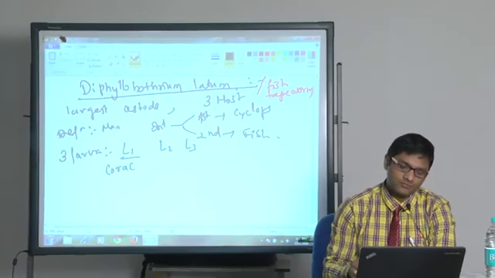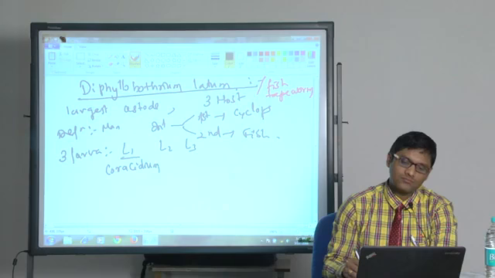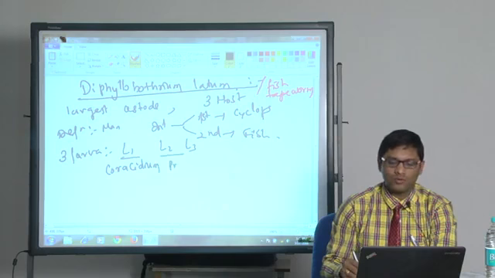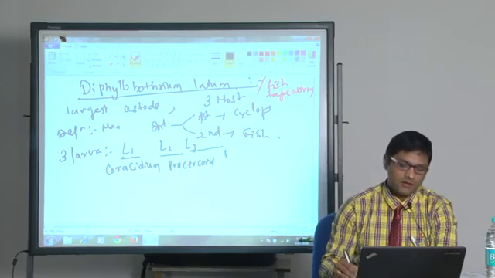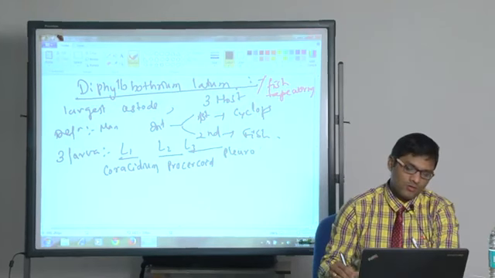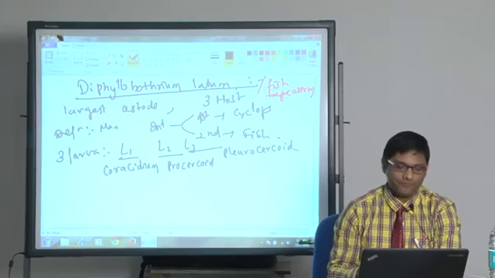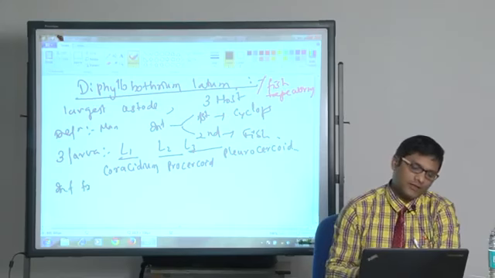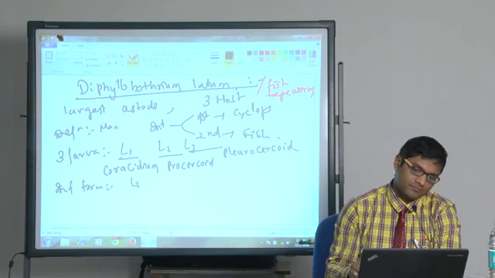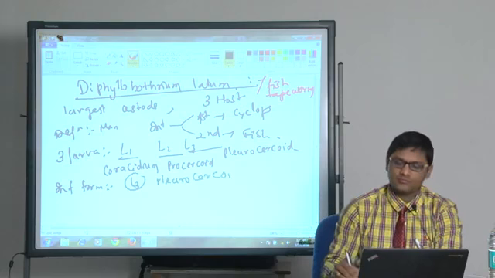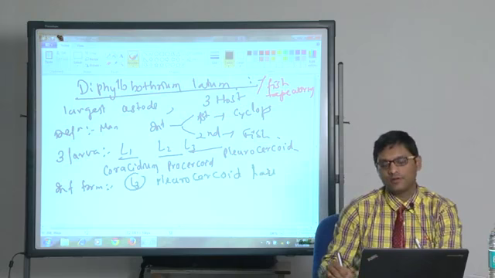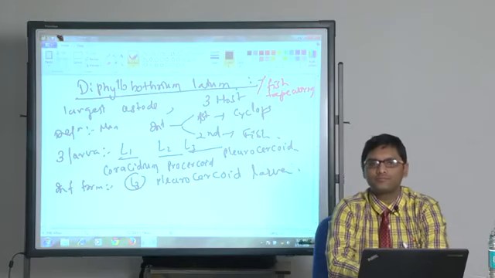Coracidium, procercoid larva and plerocercoid larva, which is the infective form. The infective form is the L3 form, that is plerocercoid larva.